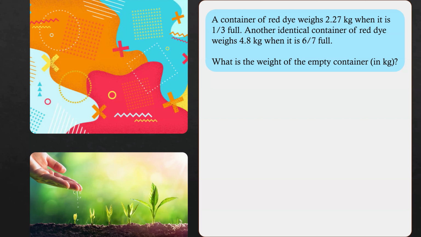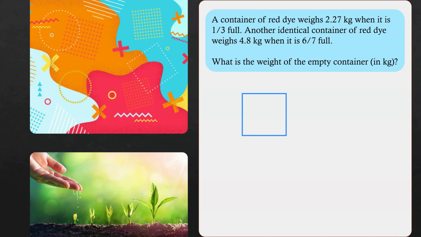Okay. So what I propose is the best way to deal with this problem is to draw a picture to give an idea about the fraction. So that's what I'm going to do. First I'm going to draw the two containers.